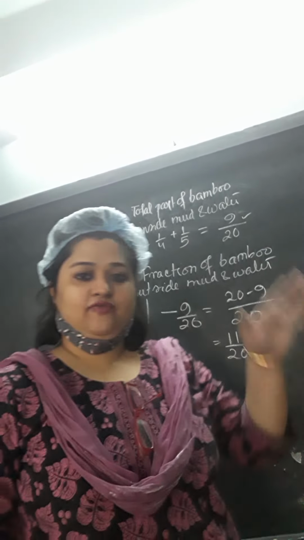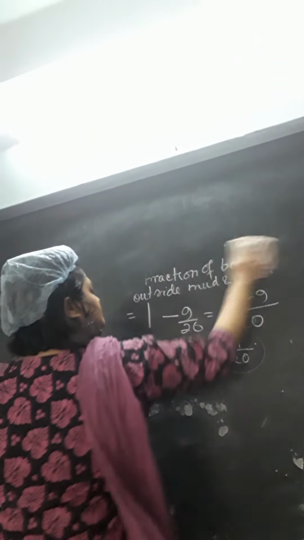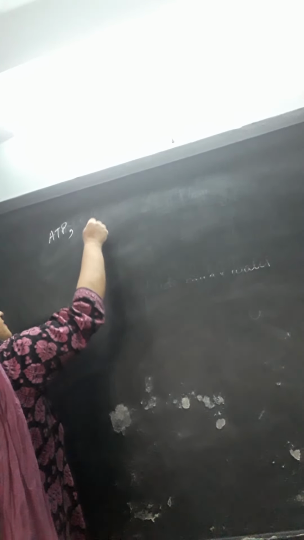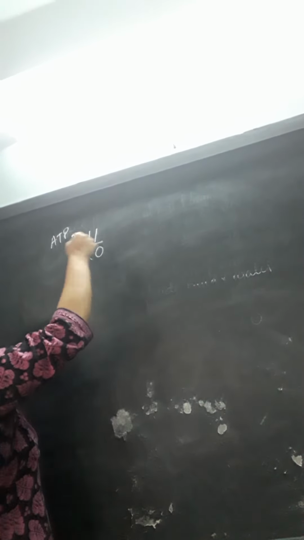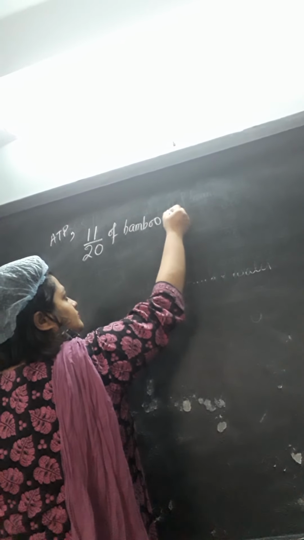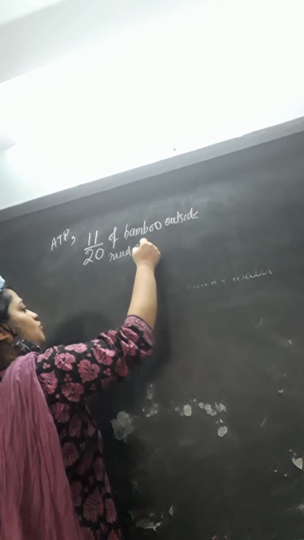So what you will do next step, according to the problem, 11 by 20 portion which is outside, 11 by 20, this is the fraction of bamboo outside mud and water.